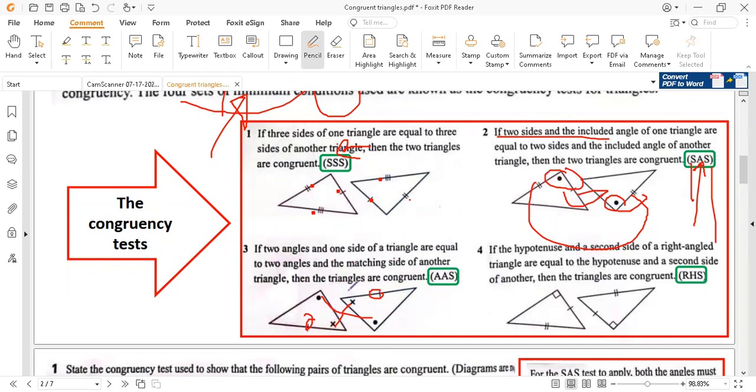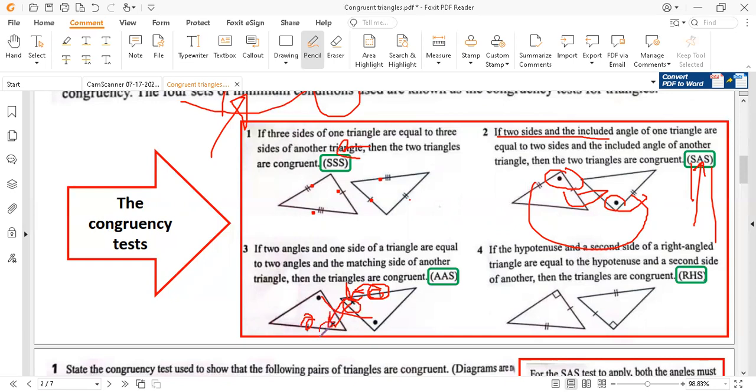For example, this side is adjacent to this angle. So normally we should search for the side adjacent to the matched angle.